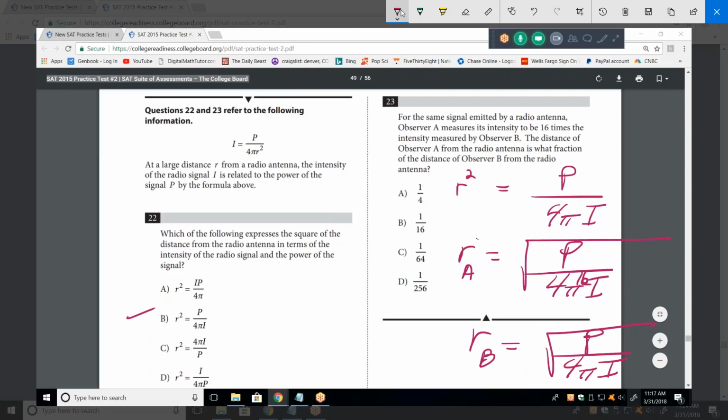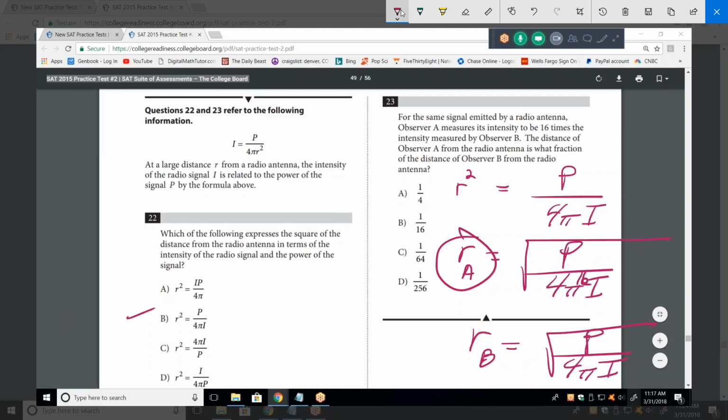That makes this distance smaller by what factor? By 4. Well, look at your answers. By 1/4.